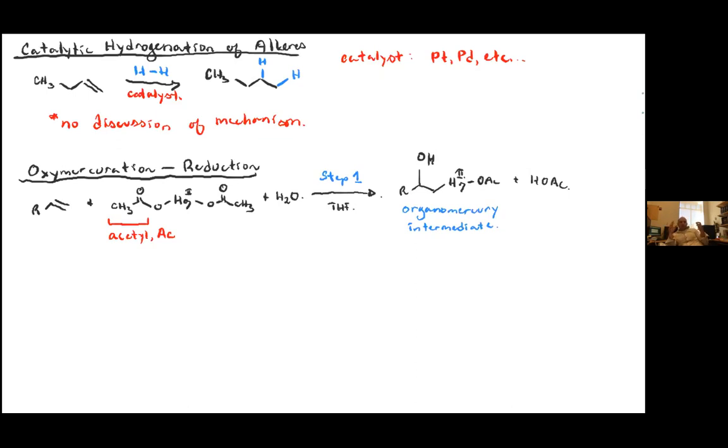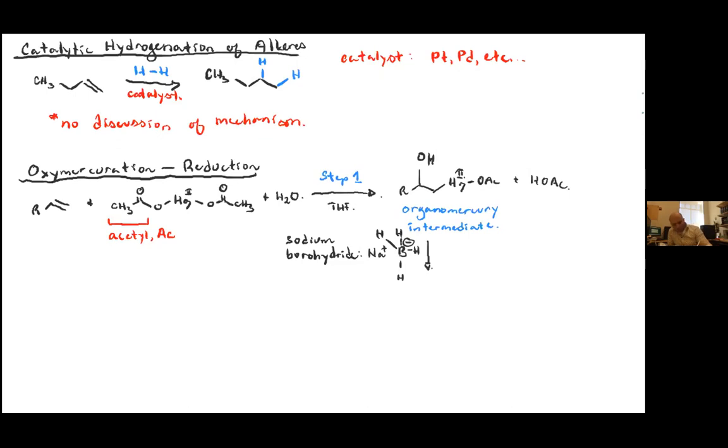The organomercury intermediates themselves are not what we want. We want to get rid of the mercury. And so in a second step, we're going to treat with a reagent known as sodium borohydride. Okay, that reagent there.